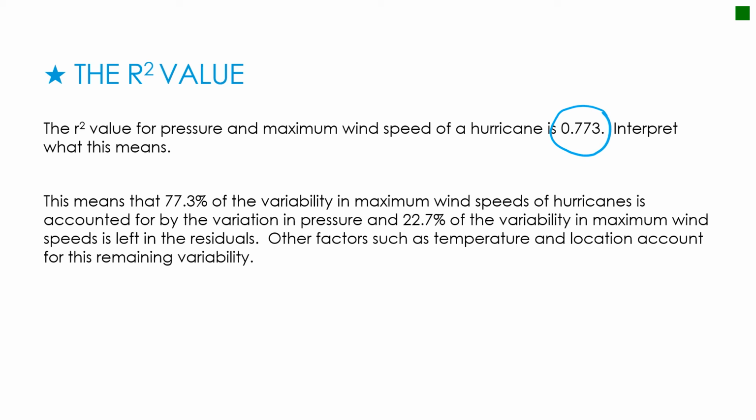So in this case, that means that 77.3% of the variability in maximum wind speed of hurricanes, because wind speed would change based on pressure, is accounted for by the variation in pressure, and that everything left over is left to the residuals.